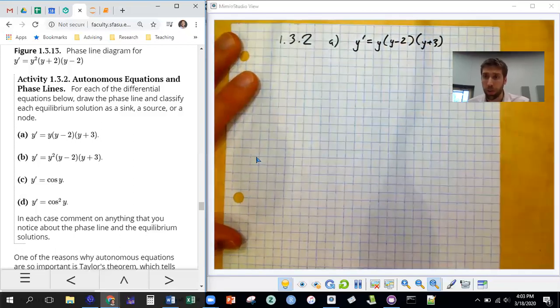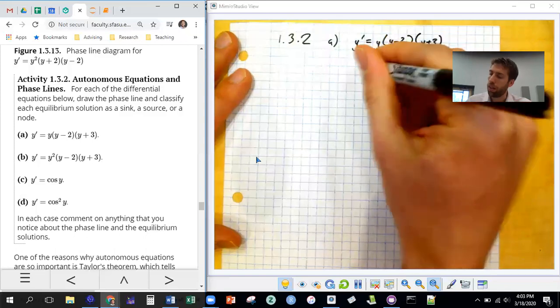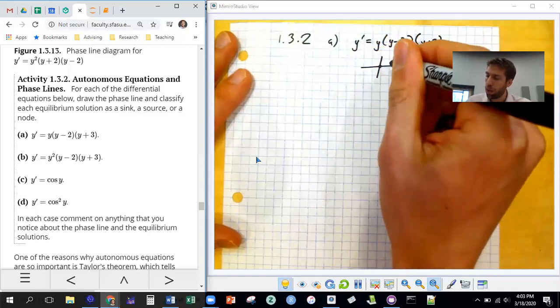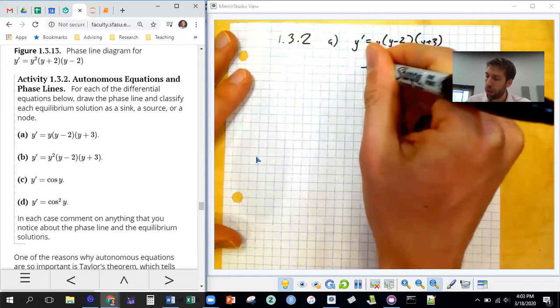Okay, so first we're going to graph this, but we don't really care about how high or low the graph goes. We care about the zeros of the graph. So in this case, when I graph it, it's going to have a 0 at 0 and positive 2 and negative 3.